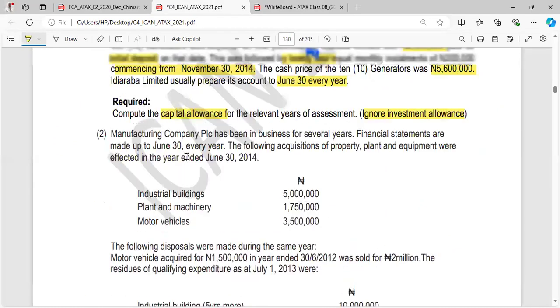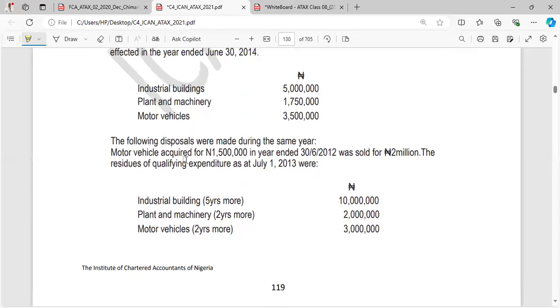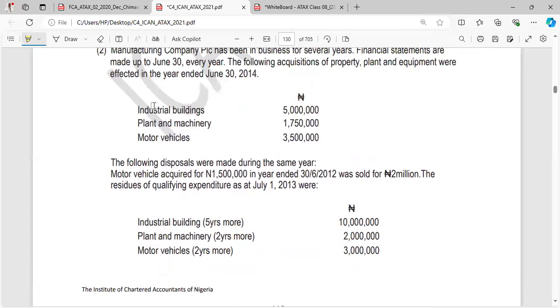So you can look at question number 2 at your own time and see how it was being done. In our next class, we are going to do more about capital allowance because that's the foundation of your knowledge. In your professional exams, at professional level, you may not be doing rigorous capital allowance workings.